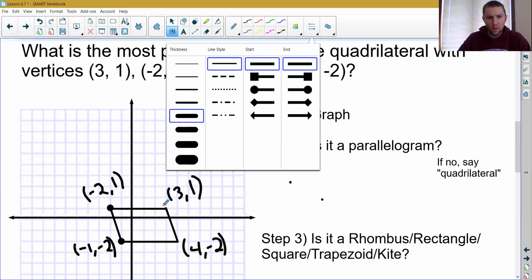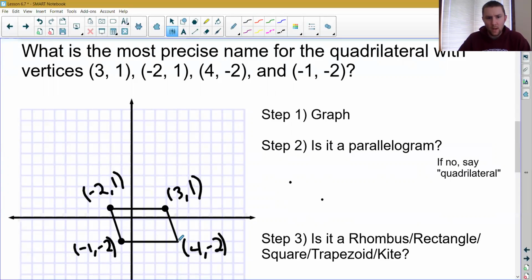I'll put those points back for those of you that are bothered by that. We had, I believe, 5 properties or converse properties to show that something was a parallelogram. So just some of those things to remind you. You can always go back in your notes to section 6.3 to help you answer this question.